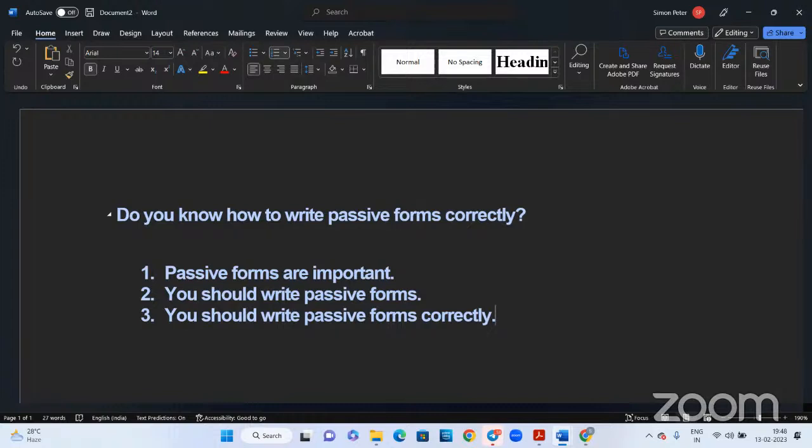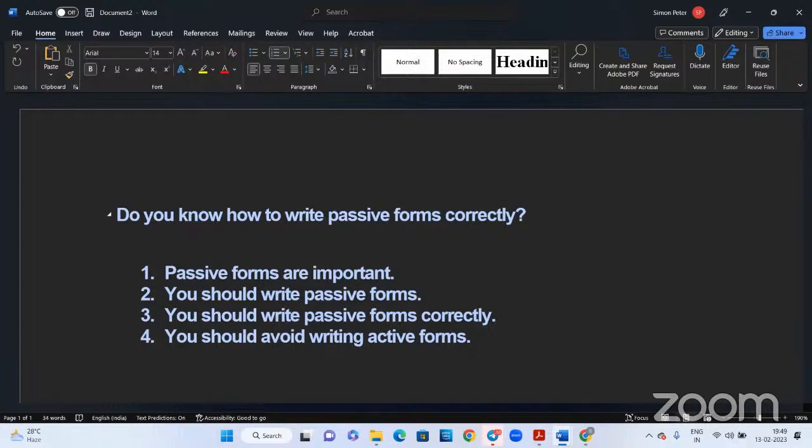In the other way around, I will tell you the most important one. You should avoid writing active forms. This is what is more important. So try to understand.